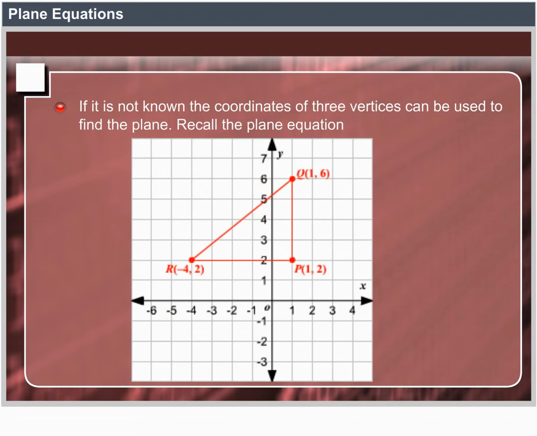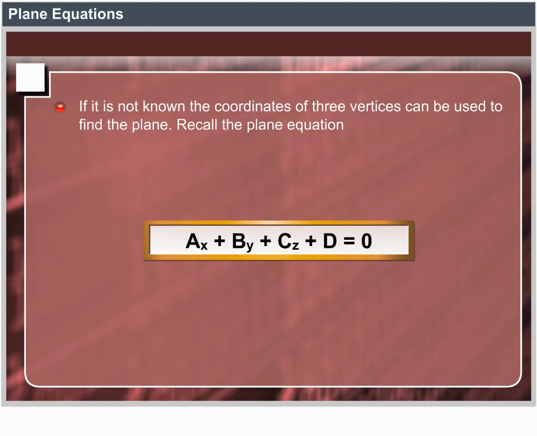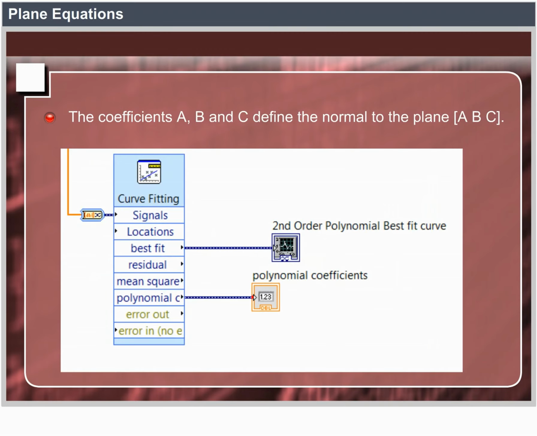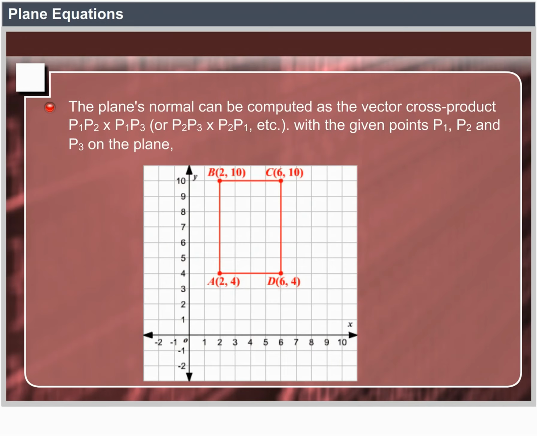Recall the plane equation ax plus by plus cz plus d equals 0. The coefficients a, b and c define the normal to the plane. Given points p1, p2 and p3 on the plane, that plane's normal can be computed as a vector cross product p1p2 cross p1p3, or p2p3 cross p2p1, etc.